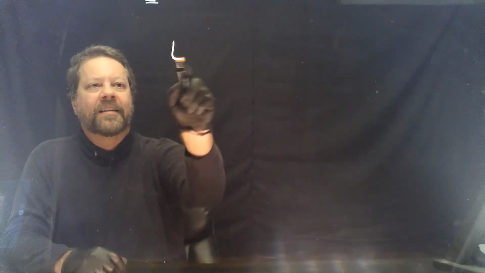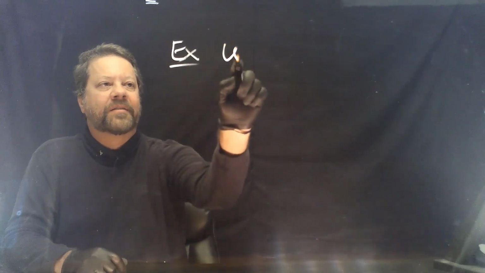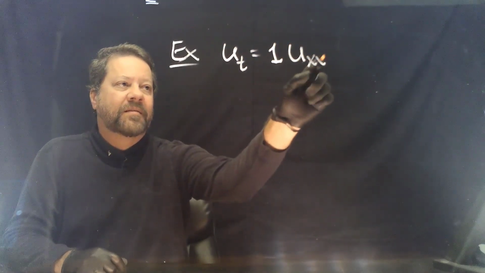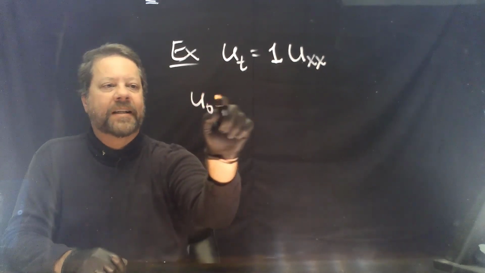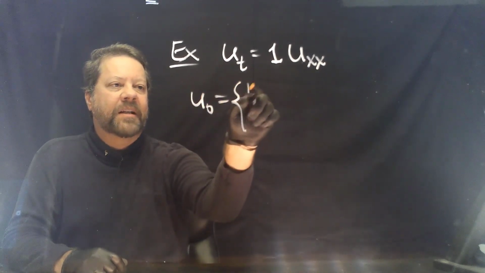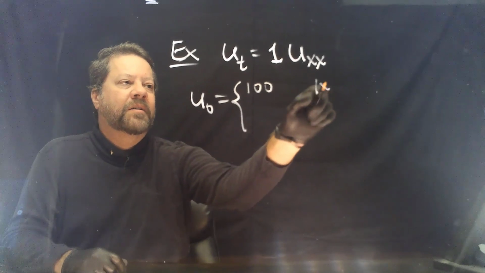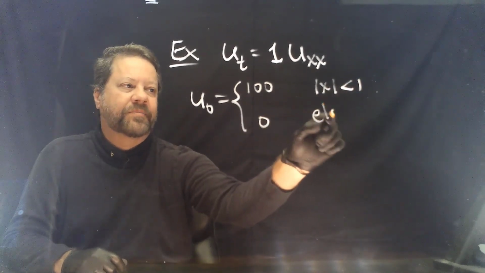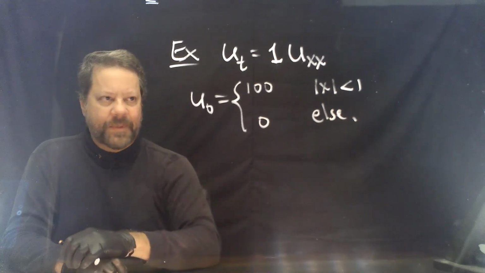Let's look then at a heat equation with c equal to 1, but the initial data is defined to be, let's say, 100 between negative 1 and 1 and 0 otherwise. What do you expect the heat equation to do?